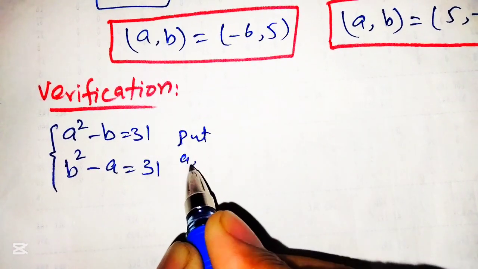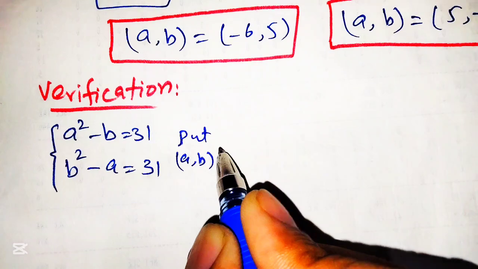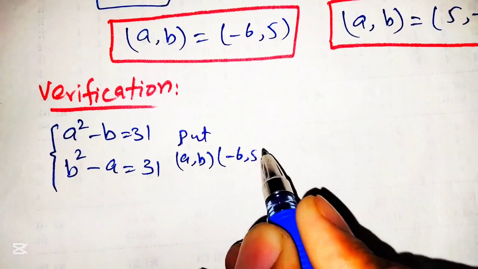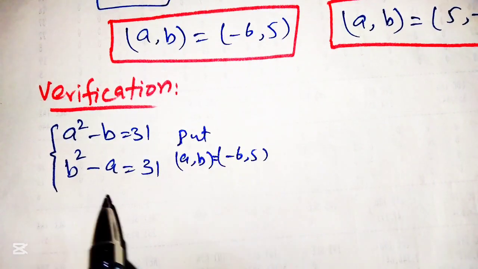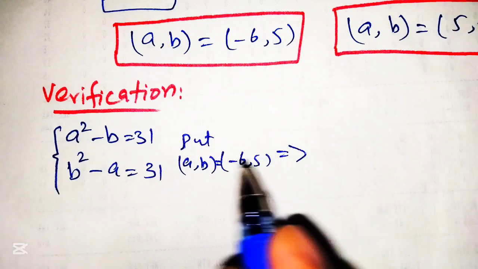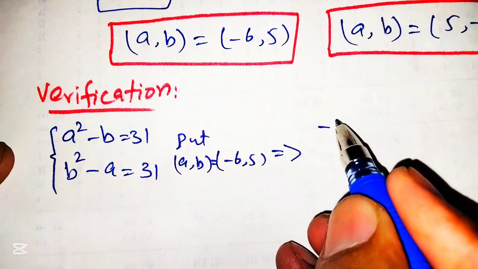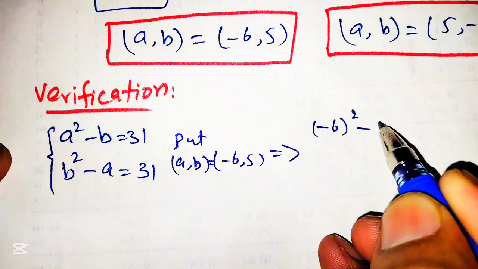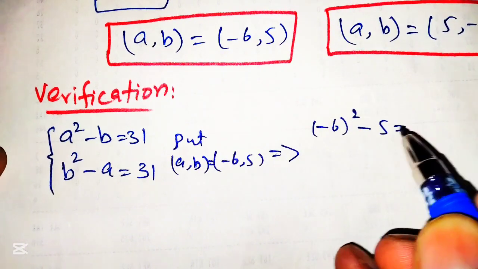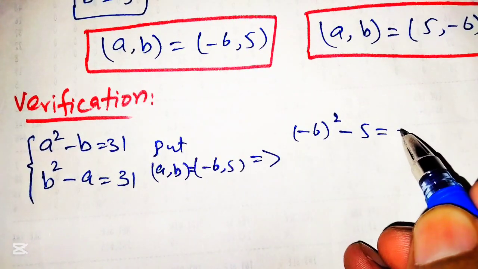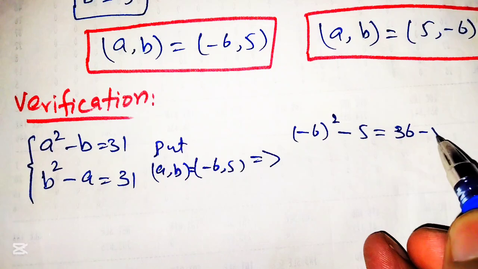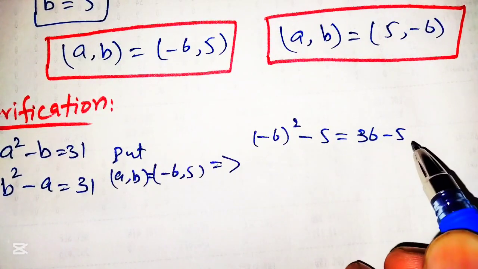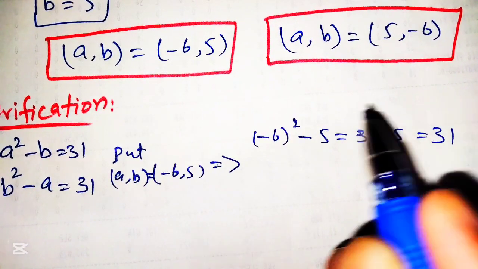values of a, b as −6 and 5 in this equation, and we will get (−6)² − 5 = 36 − 5, which is equal to 31.